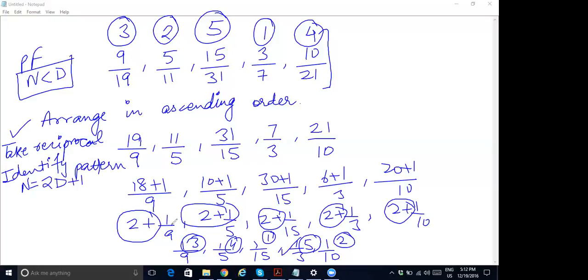Once the pattern is identified, you can figure out whatever we can add or subtract, and then we can figure out which is the lowest or the greatest value. And if we have taken the reciprocal, then the actual fraction will follow the exact reverse order. Does this make sense? Yes.